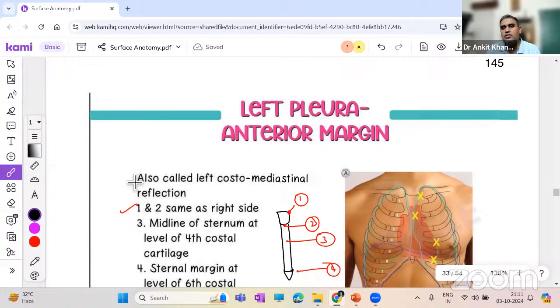As the gross anatomy comes into the picture, we are going to discuss this again. So this is all that is applied. In the first session, I told that the main clinical application of the knowledge of gross anatomy is surface anatomy.